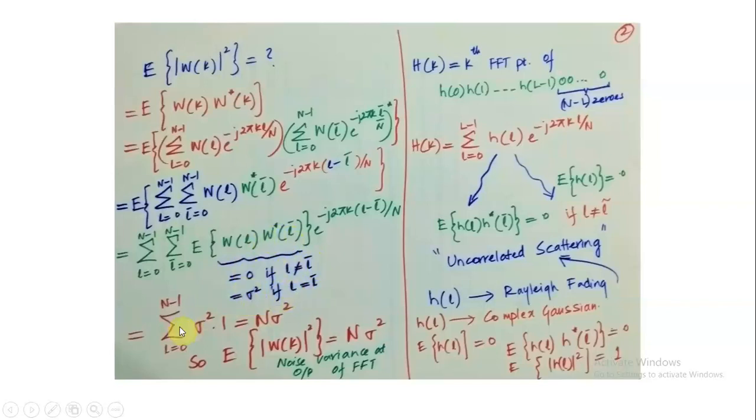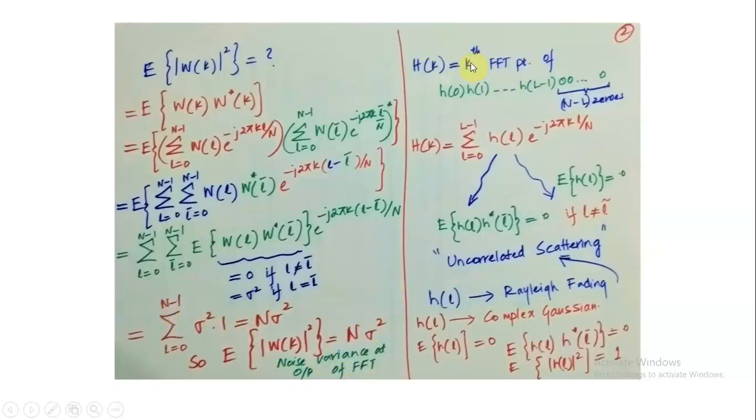So if we put these values here, we have the sum over l equal to 0 to n minus 1 of sigma square into 1, that would be equal to summing 1s with sigma square, so we have n sigma square. So this is the noise variance at the output of FFT.